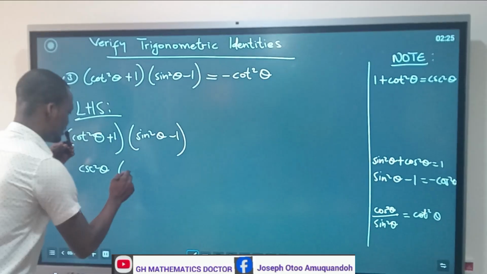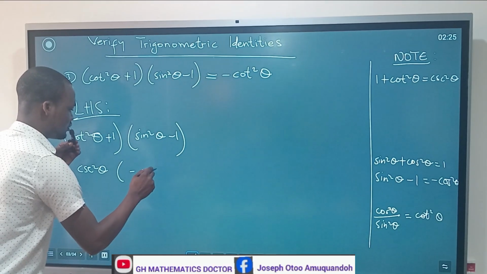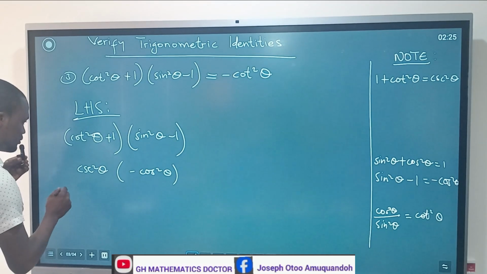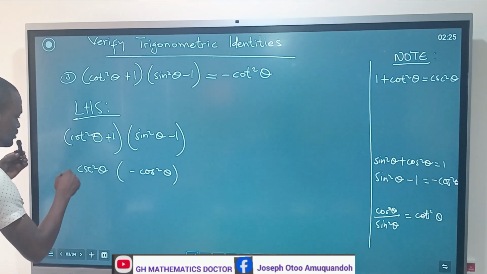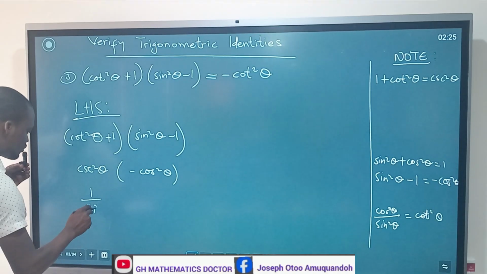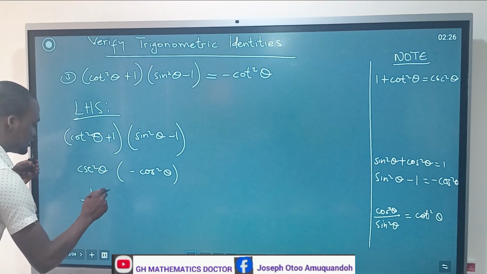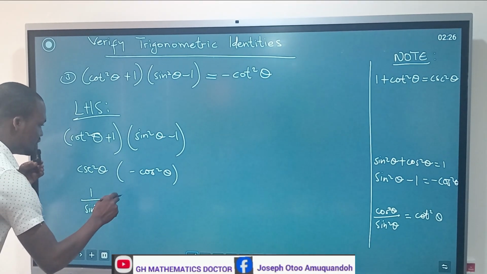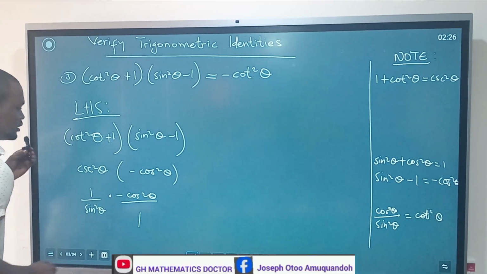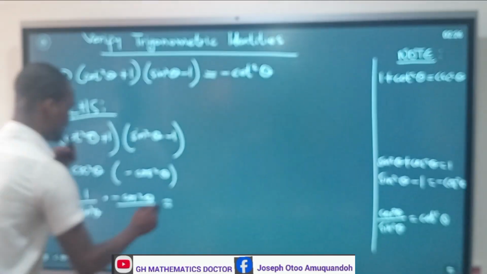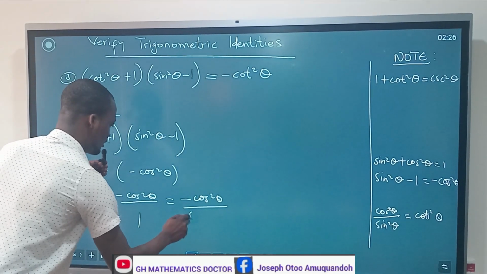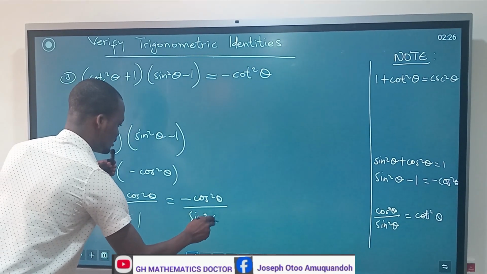So here you are going to get negative cos² θ. Then we change the cosec² θ, that will give you 1 over sin² θ multiplied by negative cos² θ, so this is over 1. And our result here is going to be negative cos² θ over sin² θ.